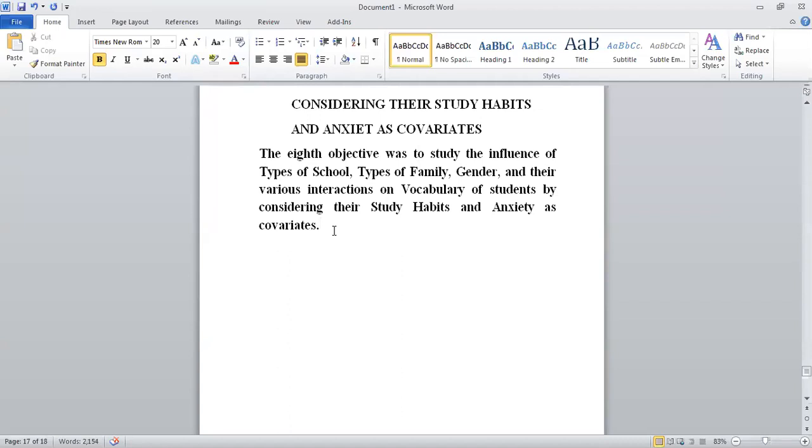Now, there are three variables. You must write the labels. Now, government schools and private schools were the two types of school.